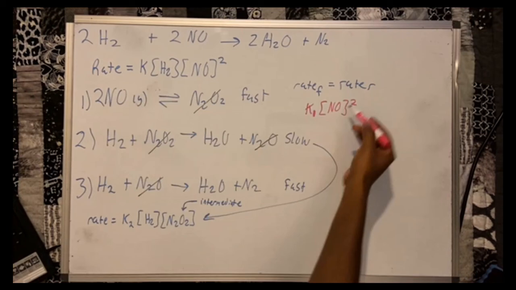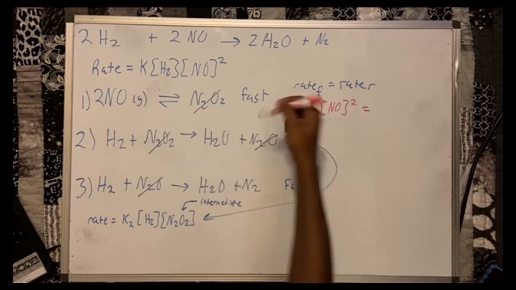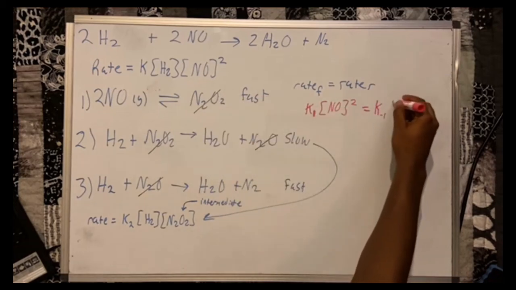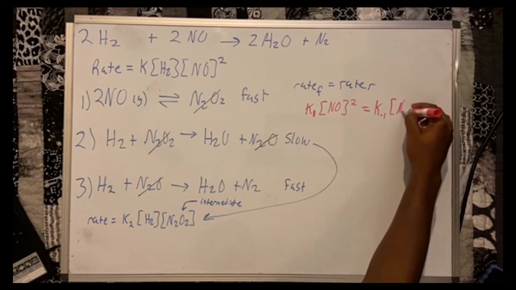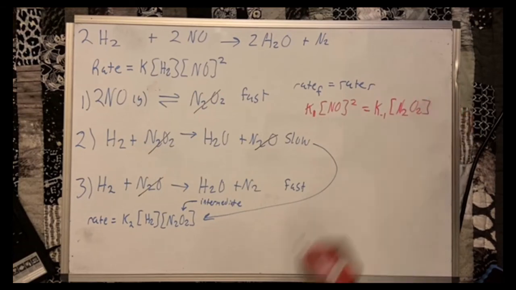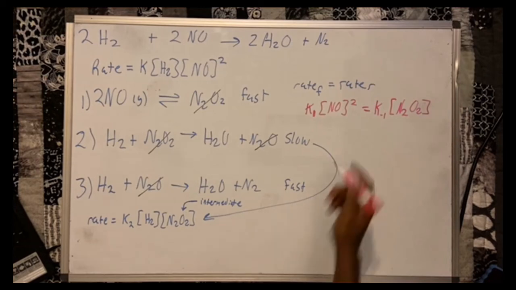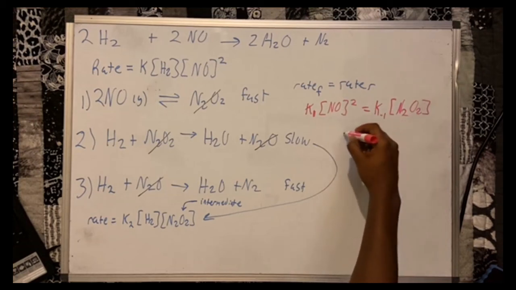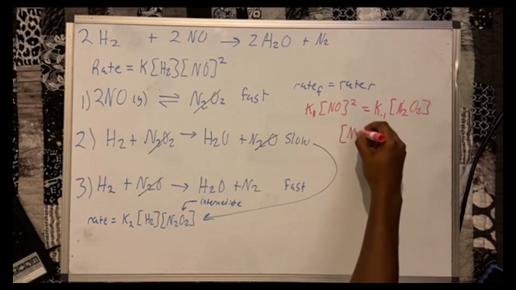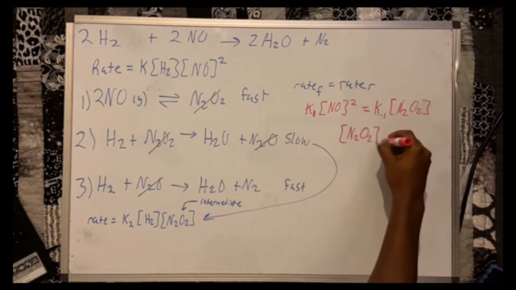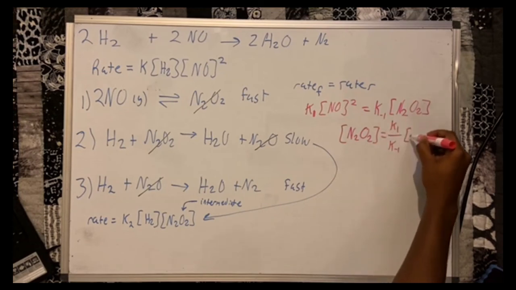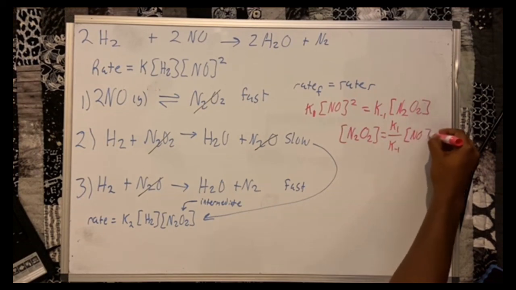And the reverse reaction, going this way on this first one, I'll call it k minus 1 times [N2O2], right? And this guy is not an intermediate, so it'd be better to replace that with this. So I know that the concentration of N2O2 is equal to k1 over k minus 1 times the concentration of NO squared.